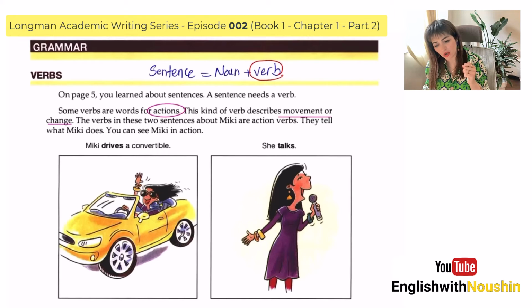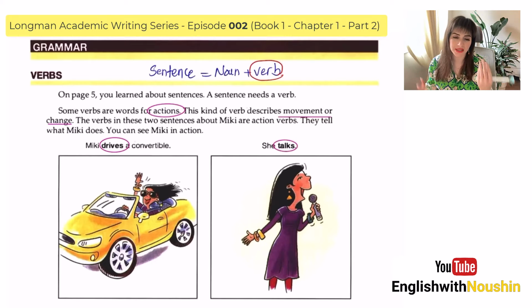These verbs are called action verbs, and you can see in this picture, we've got Mickey drives a convertible, so you can see her driving. It's an action, it's a movement. And here we've got she talks. Again, you can see her talking, her lips move. These are called action verbs.